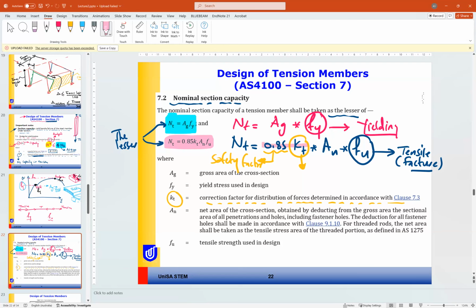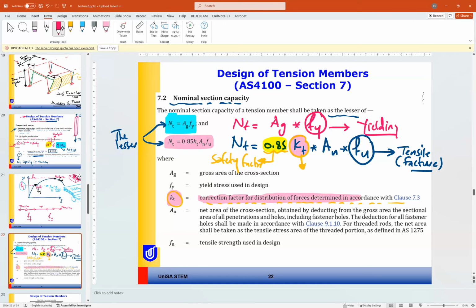But because we are worried too much about fracture, we add this 0.85, a safety factor. And also because the applied load is not concentrically applied, we need to apply a correction factor for the distribution of forces. So we will see this now.